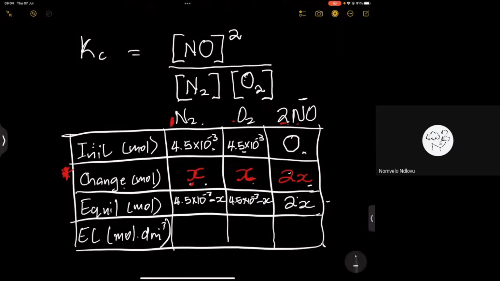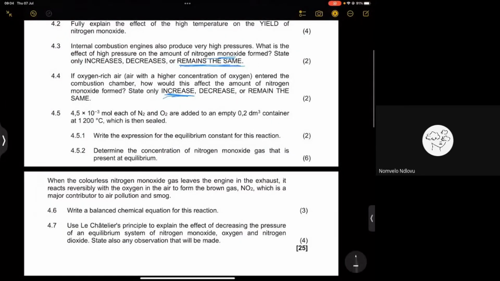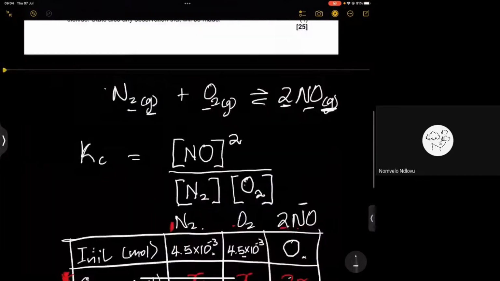So now let's talk about equilibrium constant. So what do we, equilibrium concentration rather. We always say number of moles at equilibrium divided by the volume. I think the volume we're given as 0.2, right? There it is there, 0.2 cubic decimeters.